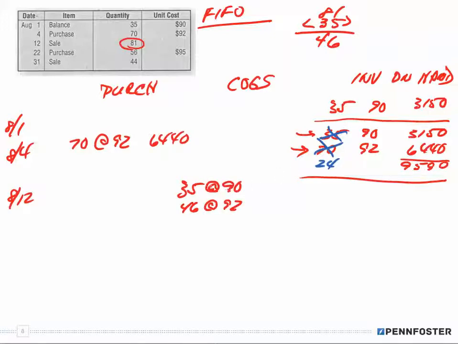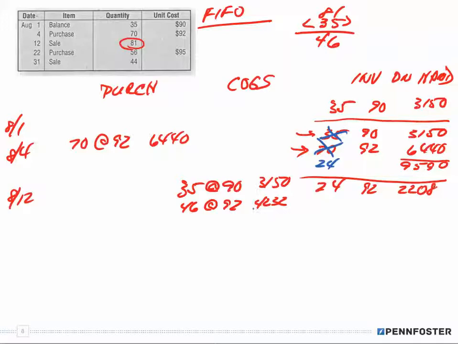So 35 times 90 is 3,150, which we know from right there, and 46 at 92 is $4,232. And so now our inventory on hand is 24 at 92 for a total of 2,208.